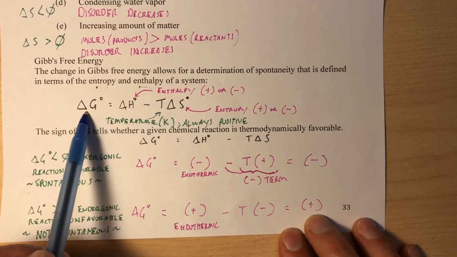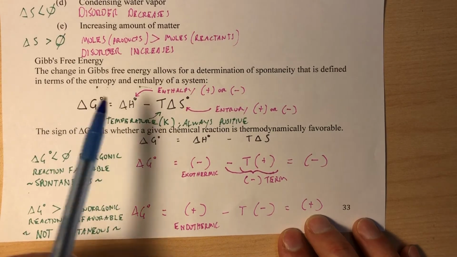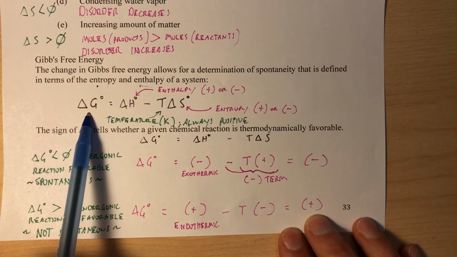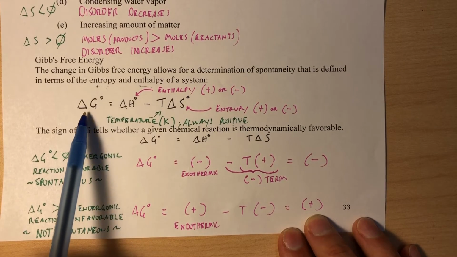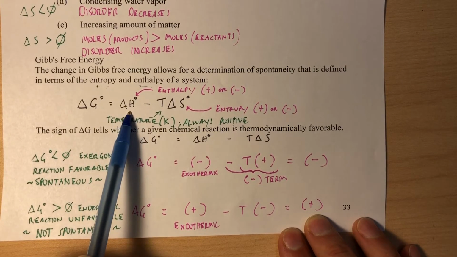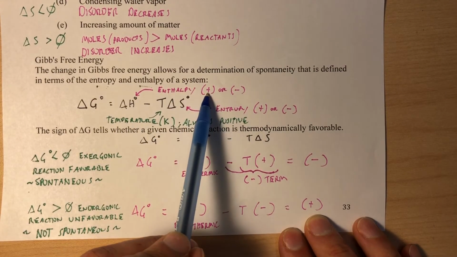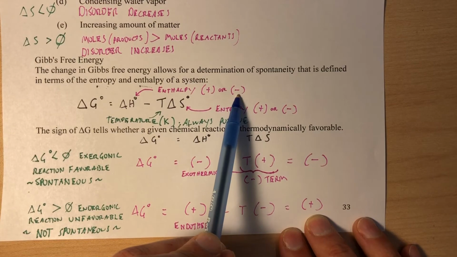So you can measure these quantities and immediately calculate the delta G. So delta G is considered the spontaneity of the reaction, and it's described with this equation. Delta G naught is equal to delta H naught minus T delta S, where delta H is our enthalpy. It is either going to be endothermic or exothermic.